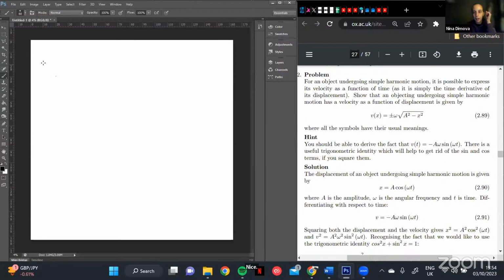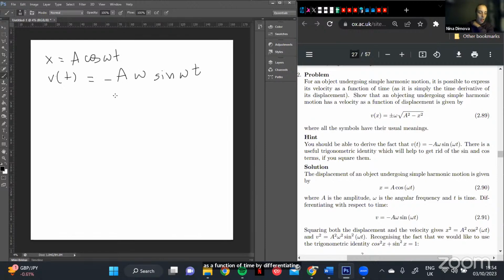Yeah, very quick remark for the simple harmonic motion, just because it's good practice. As I said, we do have an expression for the displacement as a function of time. We can get the velocity as a function of time by differentiating, which would be sine omega t. What they want us to find is v of x, so an expression for the velocity as a function of x.